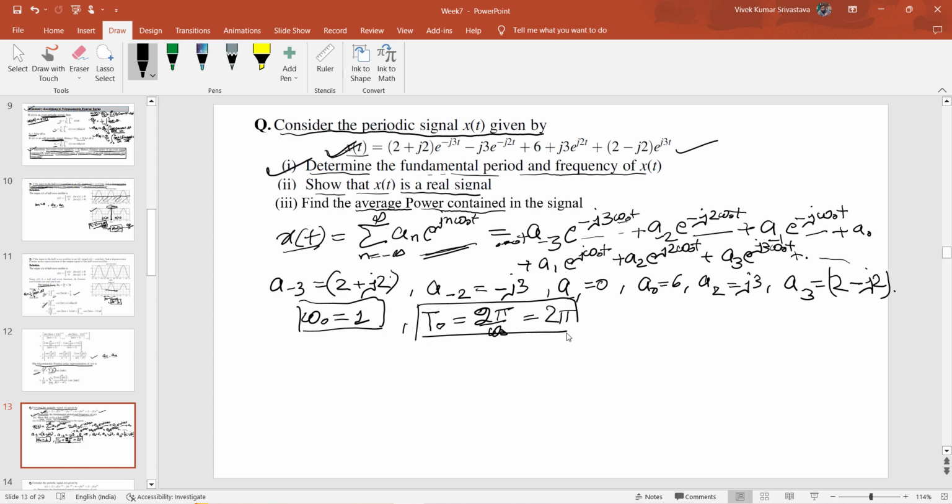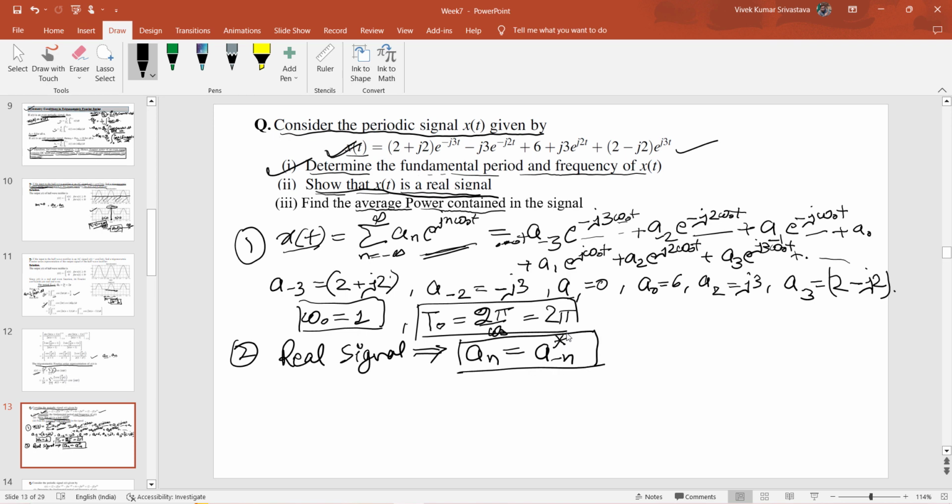Now moving to the next problem, we have to show whether x of t is a real signal or not. As we have seen in our previous class, for a real signal a of n is nothing but a of minus n conjugate. If the Fourier series coefficients satisfy this condition, then the signal is a real signal.